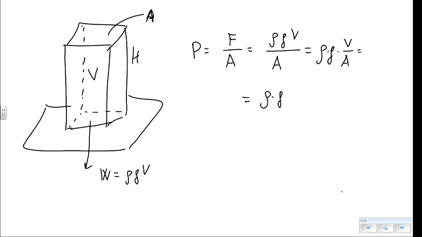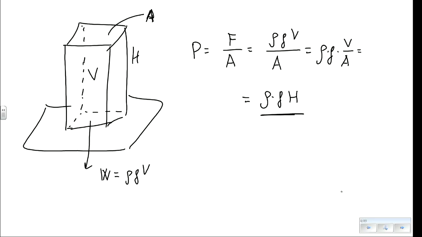How can we relate height, area, and volume? So volume divided by area equals height. This is a standard expression we can use for calculating the pressure of any fluid. It doesn't have to be water.